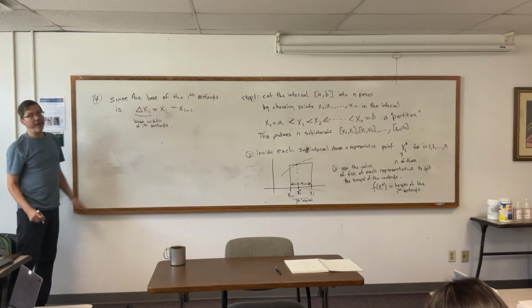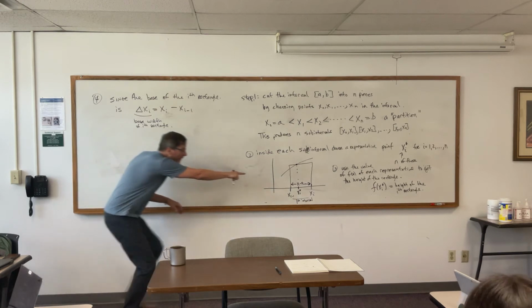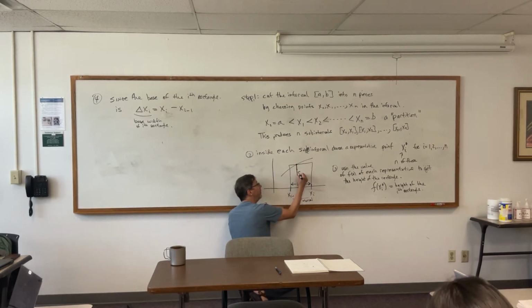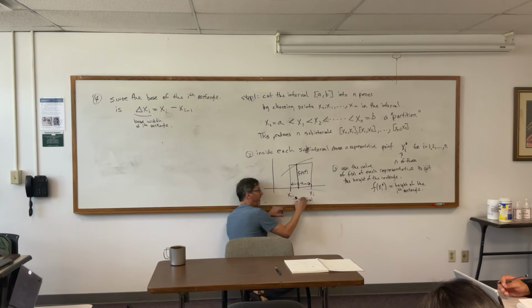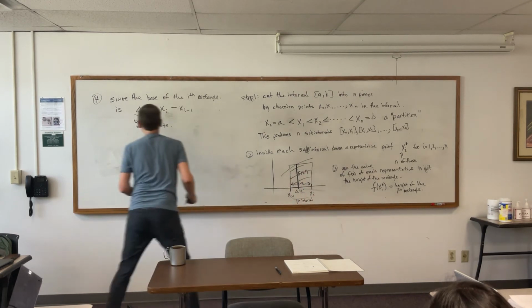And now we're ready. What is the area of the ith rectangle? The area of this rectangle right here is this height, which is f at the representative, times the base, which is delta x sub i. So this width times this height gives me that area, and I'm going to write that up over here.